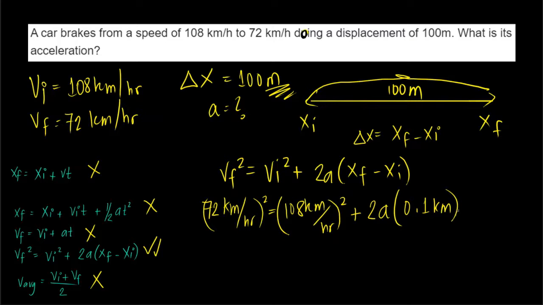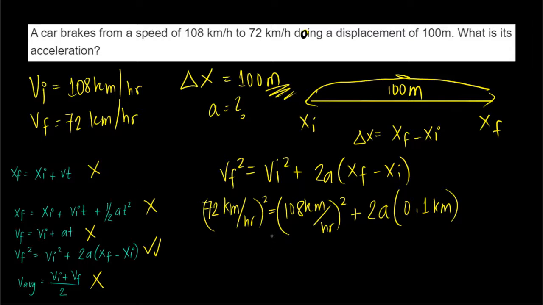So what we expect here is that our acceleration will be in kilometers per hour squared. Once that happens, let's convert that to meters per second squared.